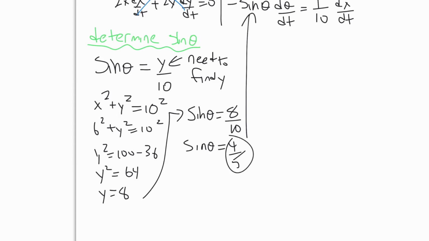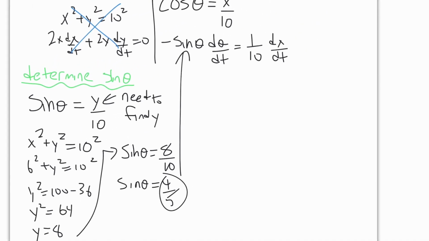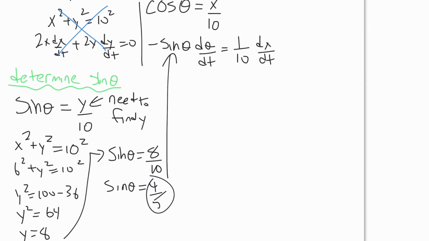We know our dx/dt from the beginning as 2, and so let's go ahead and find d theta/dt. So 4 over 5 with a negative, d theta/dt is equal to 1 over 10 times 2.